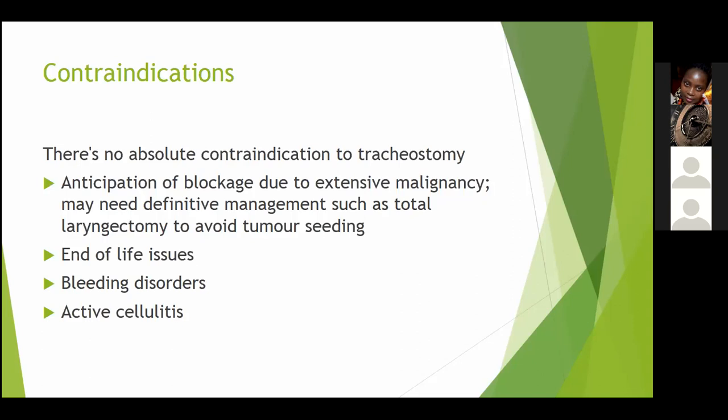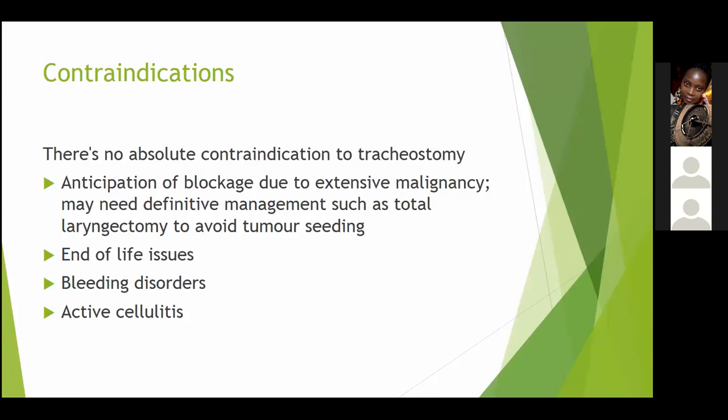And then the other thing is end of life issues. Basically, what's your prognosis? Why are you doing a tracheostomy? If someone has an advanced stage tumor, and you explain that yes, you're trying to give them an airway, but this is not going to cure their disease, or it is for palliation, some people can tell you, no, it's okay, I don't need it.